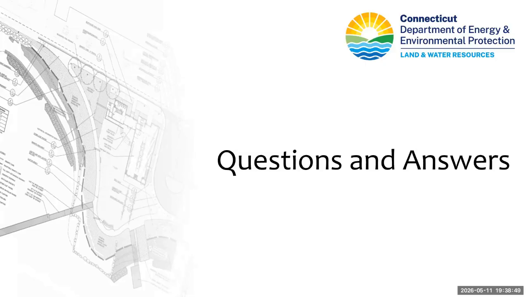So for ZBA members, you're not always given the full in-depth site plan that planning and zoning would get, but look for the basics. How close is it to a sensitive coastal resource? Where's the stormwater going? What are the basics of the proposal?